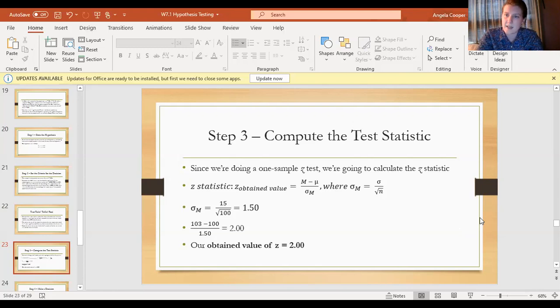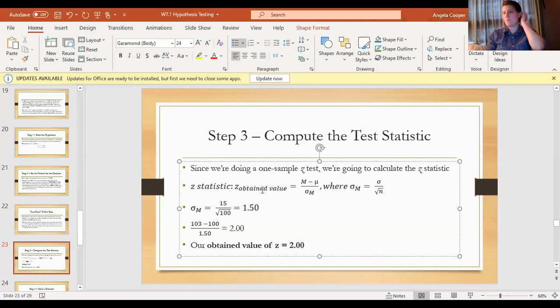That's equal to the population standard deviation divided by the square root of our sample size. Our standard deviation of the population was 15, where it stated that the average healthy person's average was 100 and their standard deviation was 15. That's where we get this 15 from.